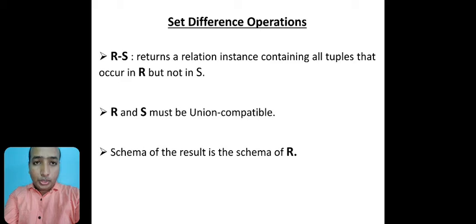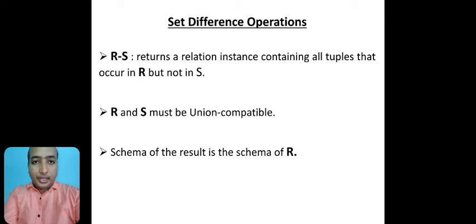Now you should keep in mind that both R and S relations should satisfy union compatibility. You remember in our previous session we were clear about what union compatibility means, isn't it? I'll repeat it again for you. If you have two relations R and S, they are union compatible when the number of attributes in both R and S is the same.